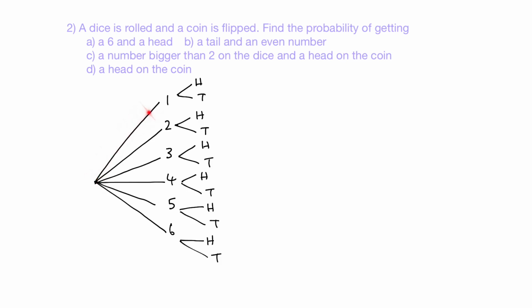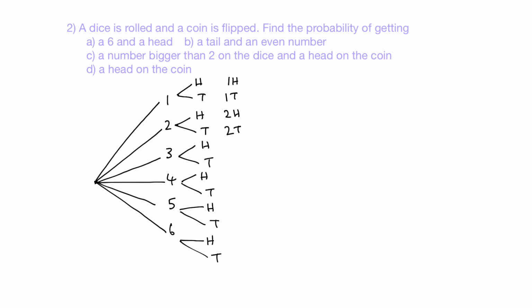So if we follow the first one along, it's a 1 followed by a head. And then following the second one, it's a 1 followed by a tail. Then the next one, to get here, you have to come along the 2 and then the head. And then to get to this one, it's 2 and then tail. So you see what I'm doing there. Okay, so we could keep on listing those all the way to the bottom.